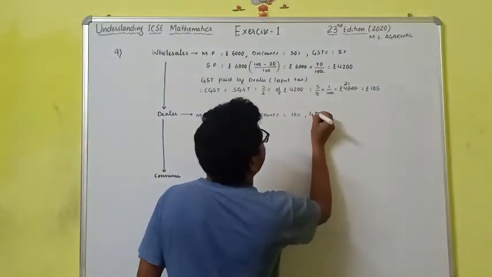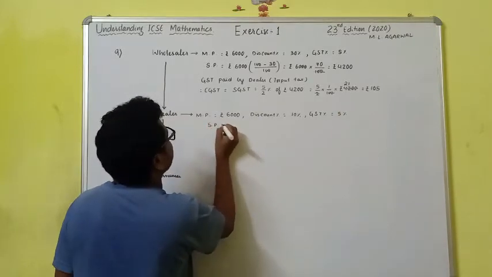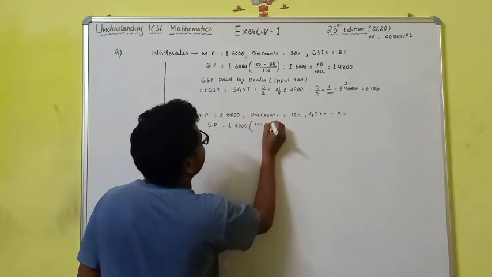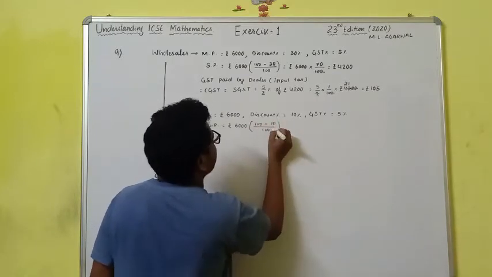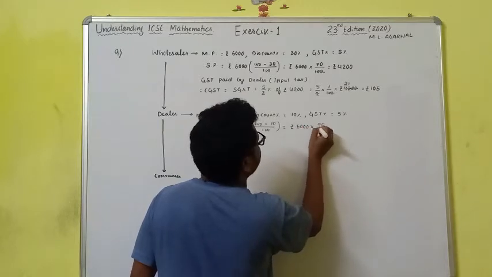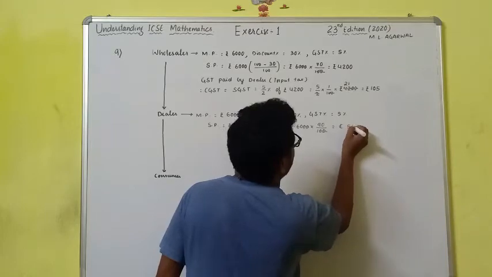Then again GST percentage is equal to 5%. So SP is equal to rupees 6,000 bracket 100 minus 10 by 100. So it will be 6,000 into 90 by 100. So 0 cancels. See here, 5,400.